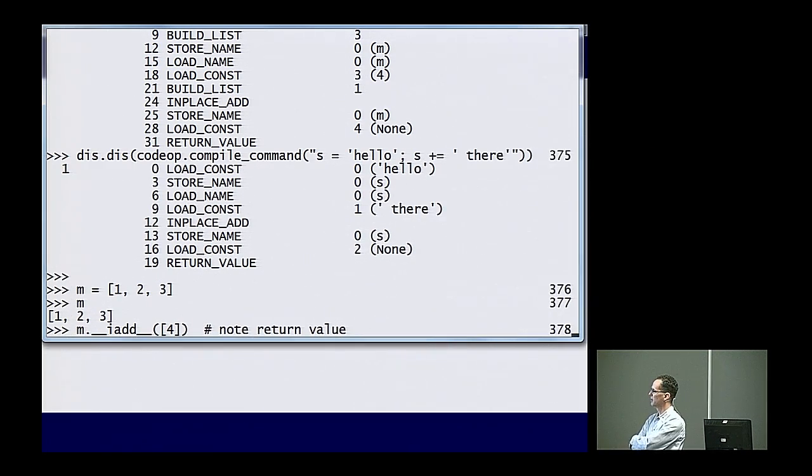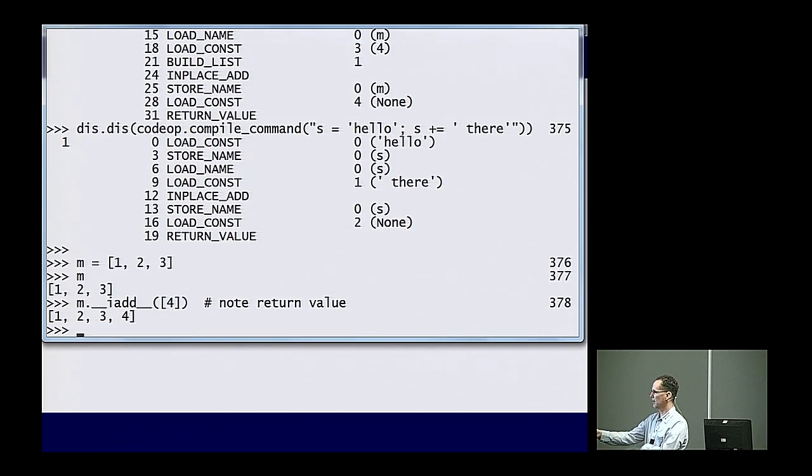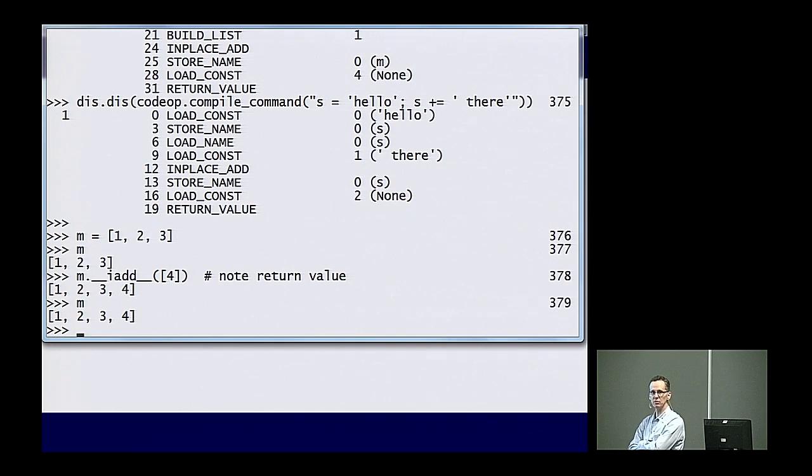And when I call that, I got a list back. So in-place add takes an argument, that method does something, and it returns the value of what it did, and it changed m too.